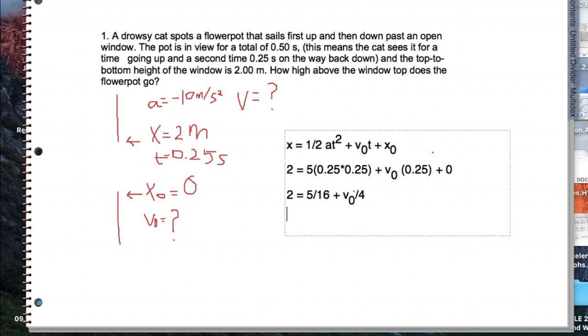We're going to multiply through by 16, so we get 32 is 5 plus 4 times V naught. And so this is going to give us 27 equals 4 V naught.